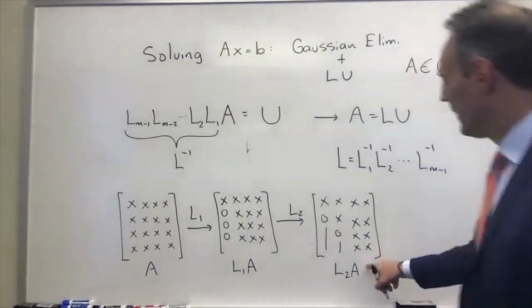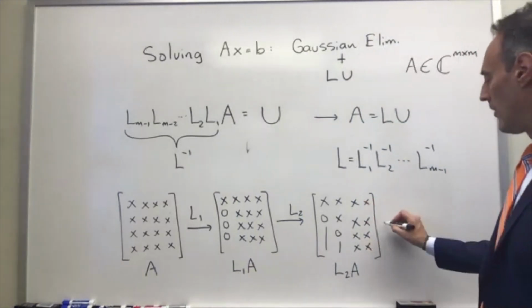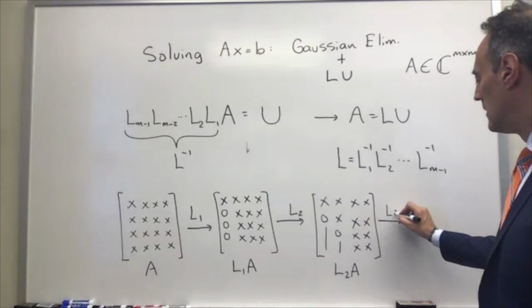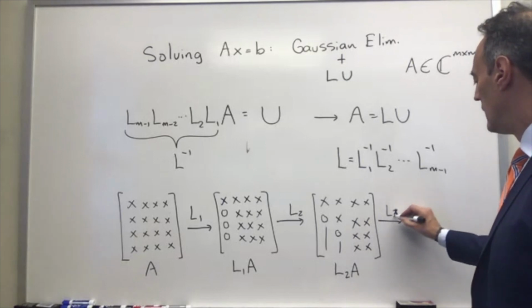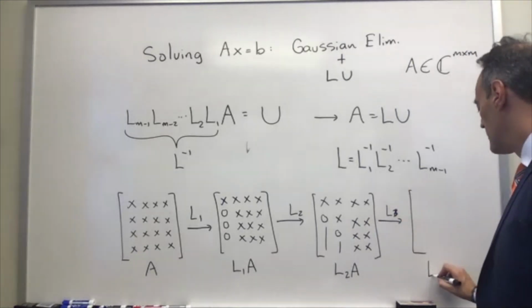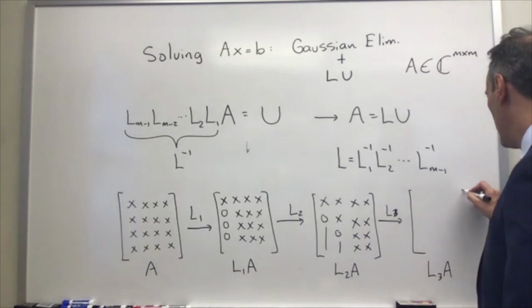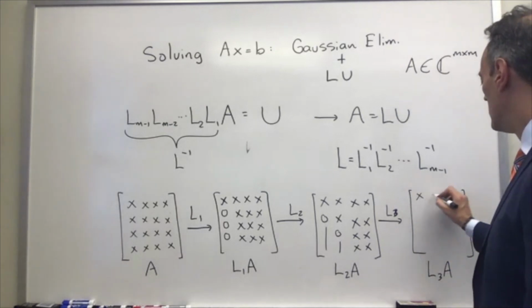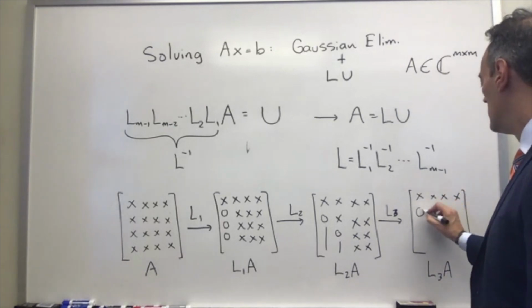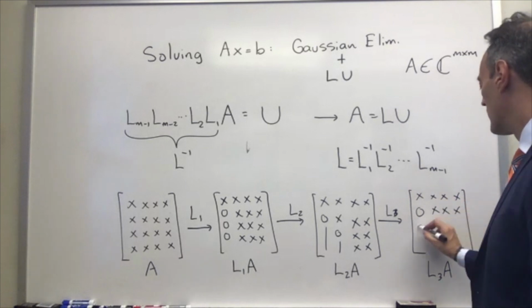And then finally, hit it with L3. So this is L3 acting on A, which is now in upper triangular form.